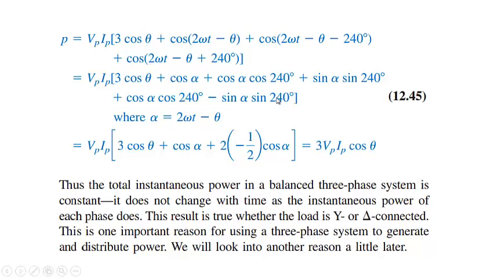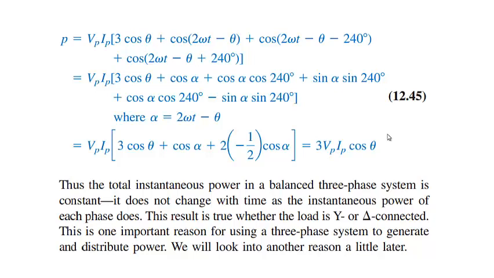So sine alpha sine 240 degree and sine alpha sine 240 degree will cancel out, and these terms will be added. Twice cos alpha, that is this, into cos of 240, that is minus 1 by 2. So 2 into 2 will cancel, it will be minus cos of alpha. This cos of alpha and cos of alpha will cancel out. It will be 3 VP IP cos of theta.